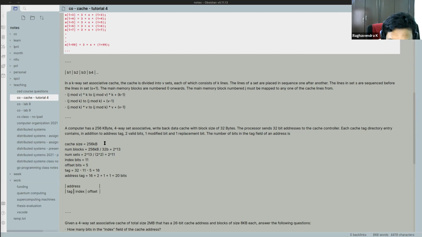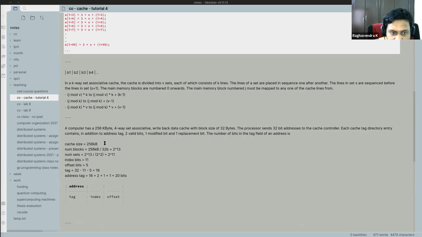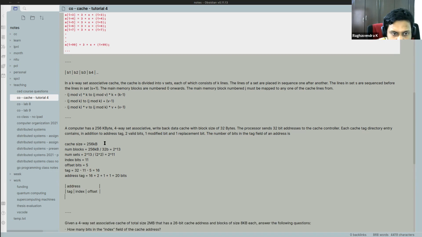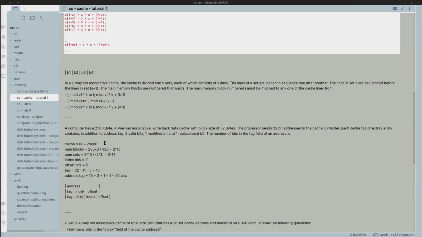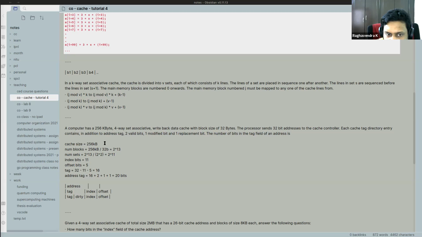Can I put some portion of the dirty bit in this particular tag? What I'm asking is, can I do something like tag, dirty bit, index, and offset? Why can't I do it? It seems fine to me, since you're dividing the address into these things. So what's the problem?